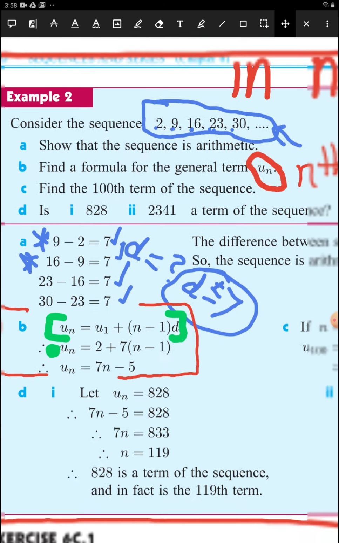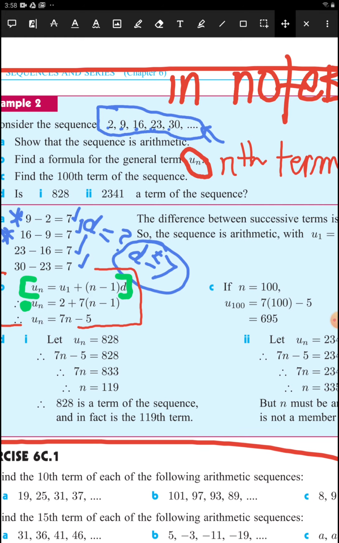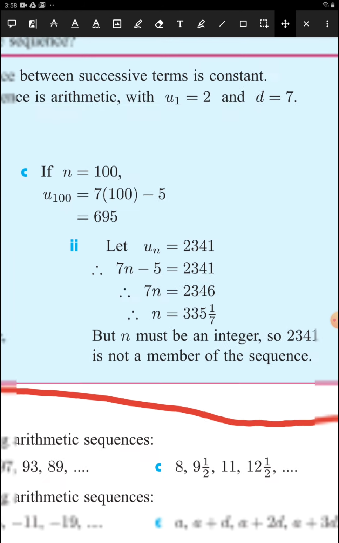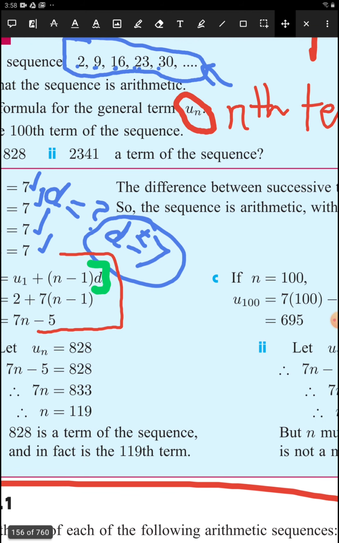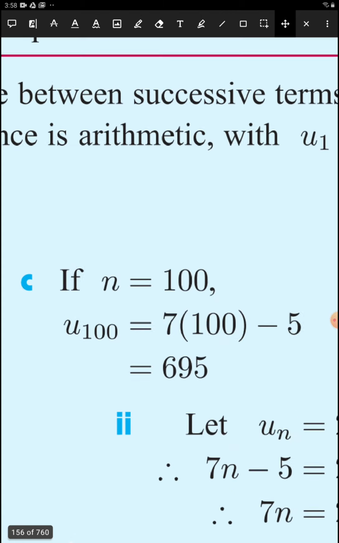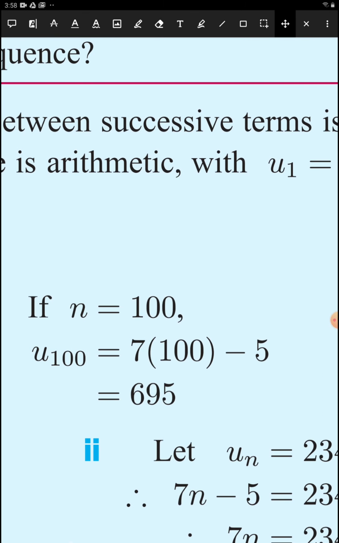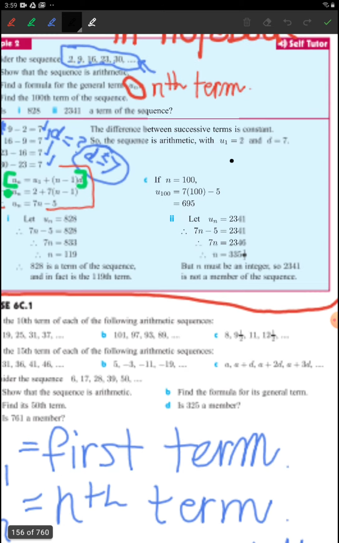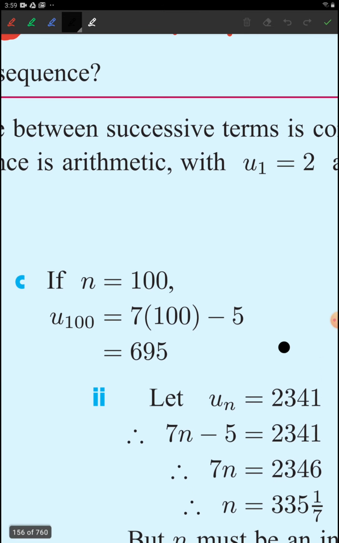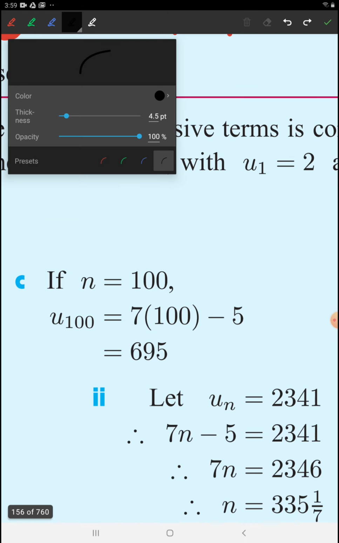Okay, so let's move on to part C: find the 100th term of the sequence. Okay, I see what they did. They want to know the 100th term, so in this case n equals 100.